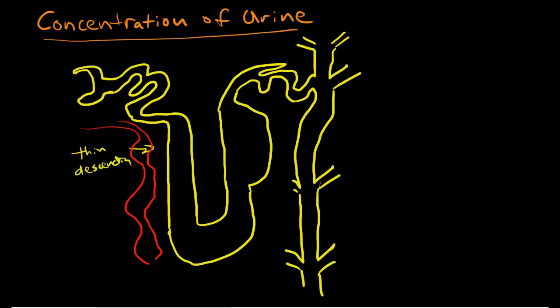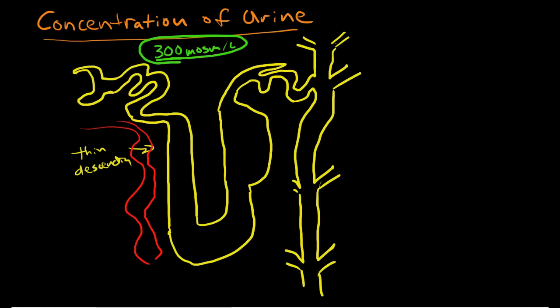So the interstitial fluid at the top of the cortex is around 300 microosms per liter. And this is normal osmolarity for the entire body. So this is equal to normal plasma osmolarity.